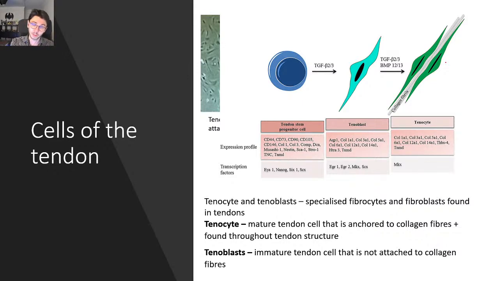Much like the osteoblasts, which are not attached, but once they become surrounded by tissue and osteo, they become osteocytes. It's the same thing. I'm just trying to show that there's a sort of consistency between the two. So we have a tenoblast, which becomes a tenocyte, and the tenocyte is what maintains the whole tendon. It gives structure and integrity to the fibrils.